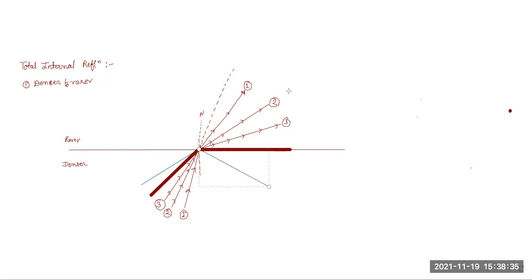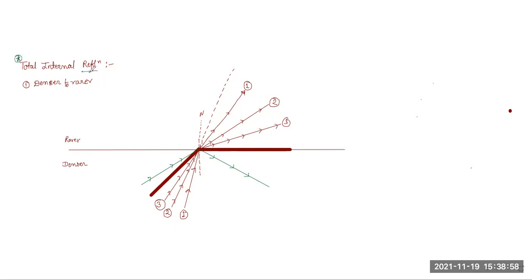This phenomenon, where we can actually experience reflection even if the materials are refracting, is called total internal reflection.